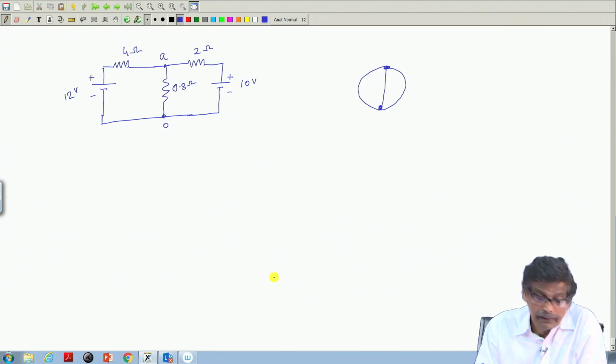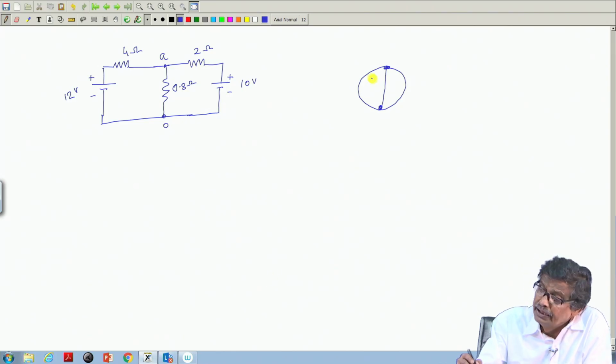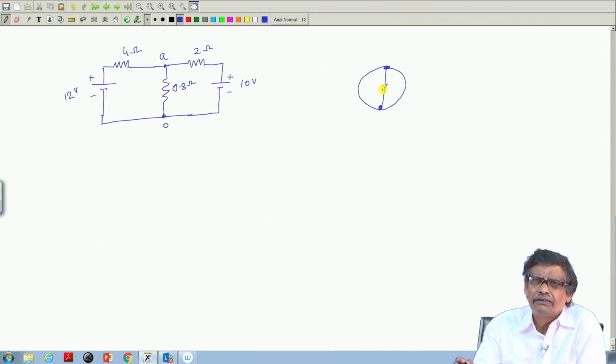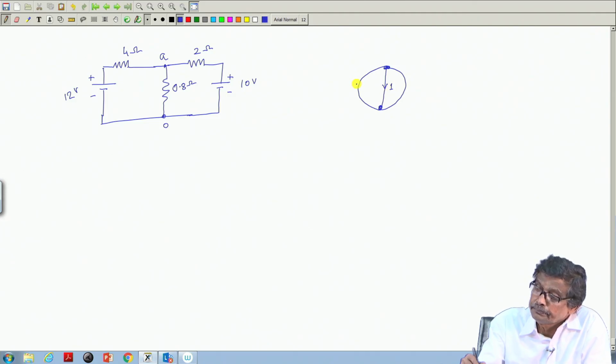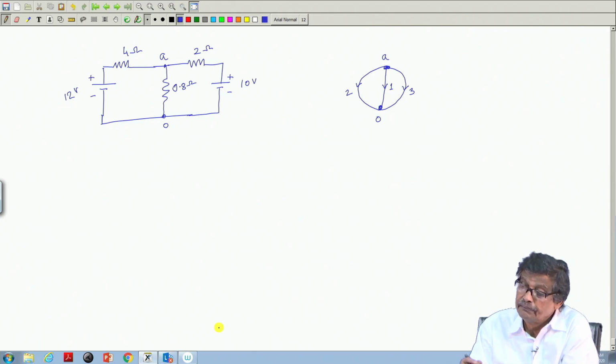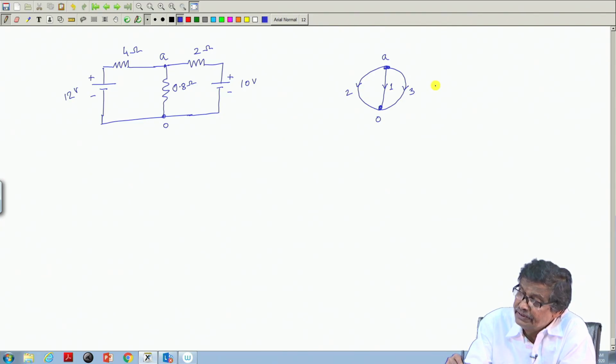Okay? And then I want to make a directed graph. So, what will I do? The directions are totally flexible, you can assume whichever way. Suppose I have assumed it in this way: 1, 2 and 3. This is your A, this is your O. What will be its tree?